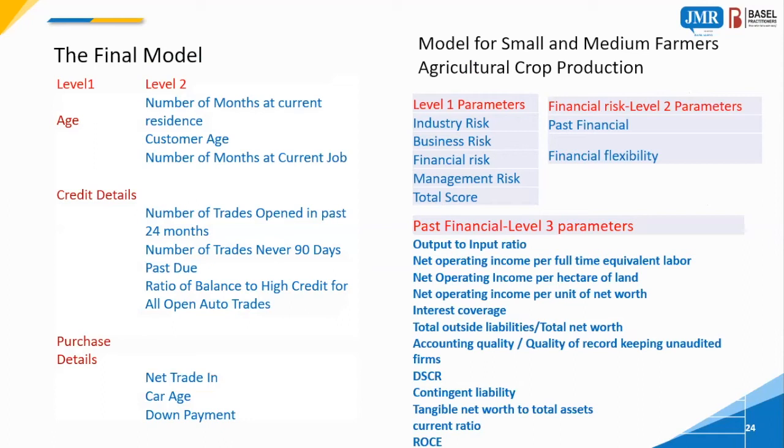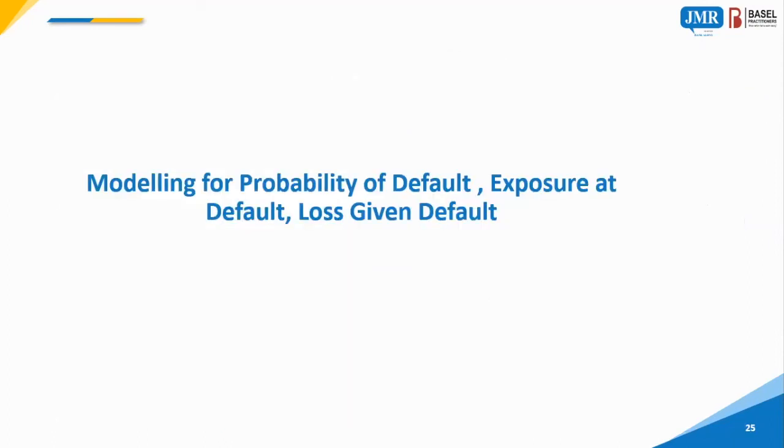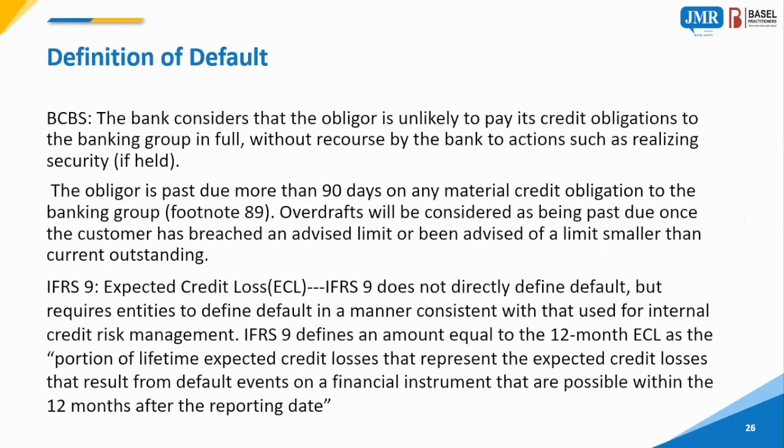Go ahead. Okay. Now we are trying to model the probability of default of corporates, exposure at default and loss given default. What should we do? First we have to know the definition of default. As bankers, we know the BCBS definition, and nowadays we are coming to the IFRS 9 definition.